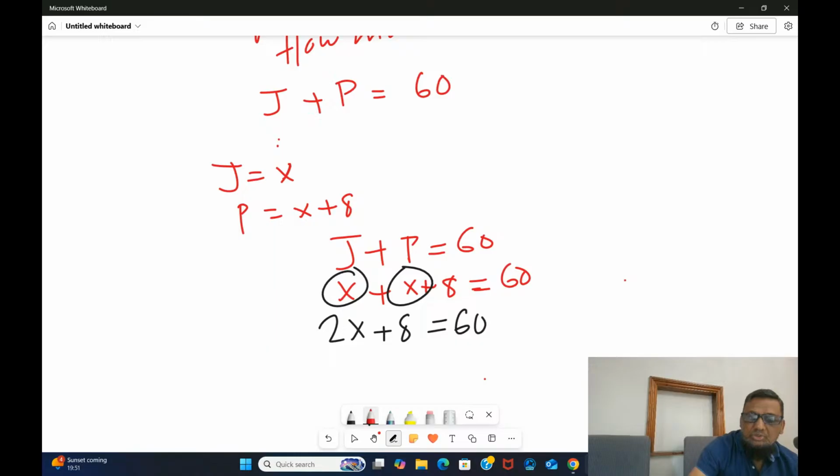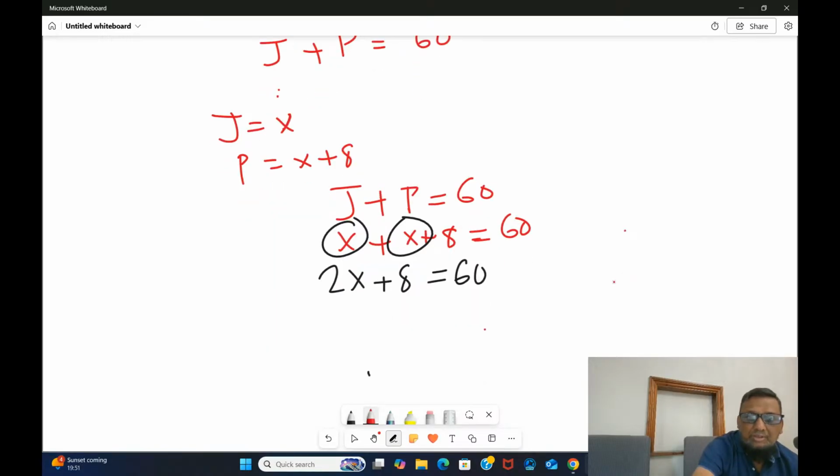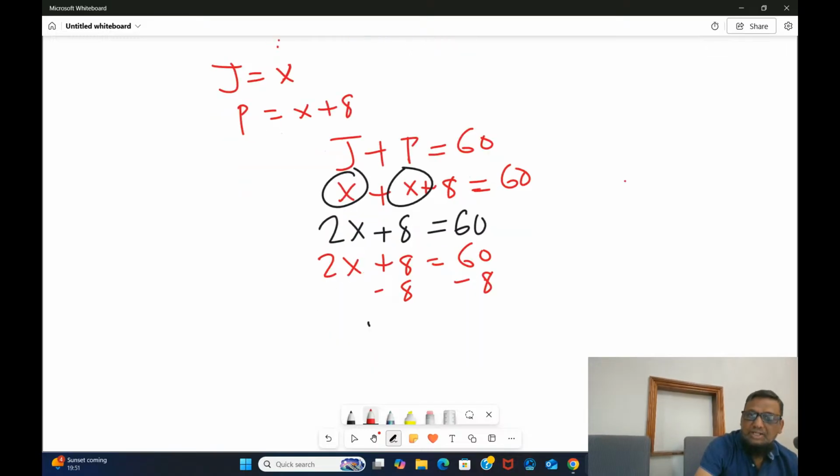You learned how to find the value of X. We need to get rid of plus 8 by subtracting from both sides. So 2X equals 60 take away 8, which is 52.